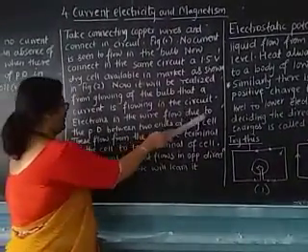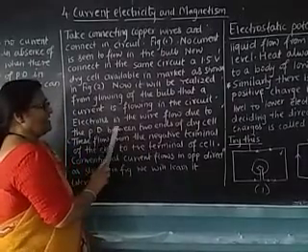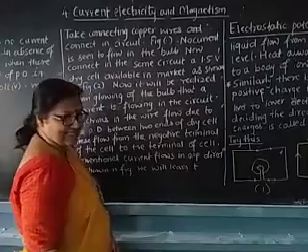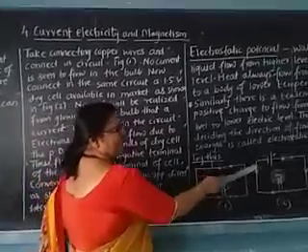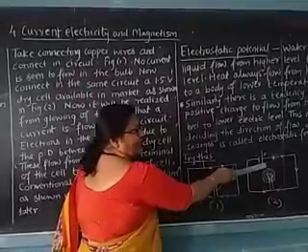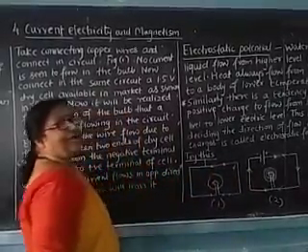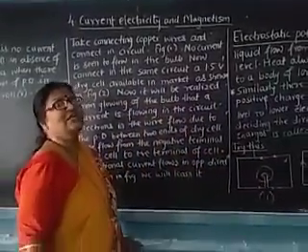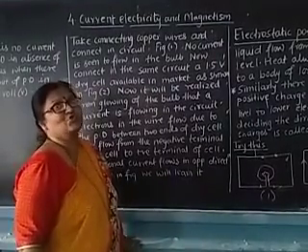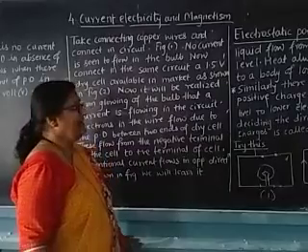Electrons in the wire flow due to the PD, or potential difference, between the two ends of the dry cell. Whenever you consider the dry cell, there are 2 points: one is the negative point and one is the positive point. As we know, a potential difference requires 2 points for having the difference.